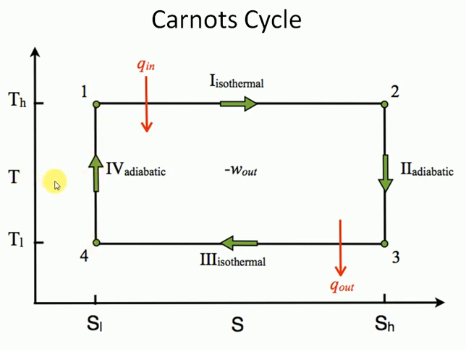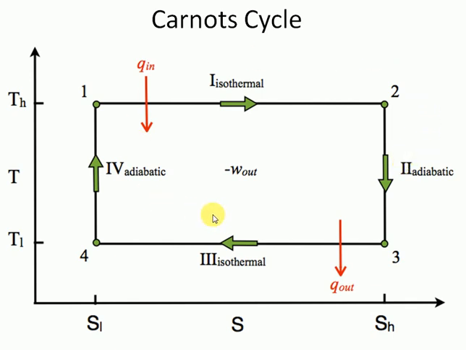That means we are providing work input. So this is the isentropic pumping or compression process. Like this is the Carnot cycle. It comprises two isothermal processes and two reversible adiabatic processes.